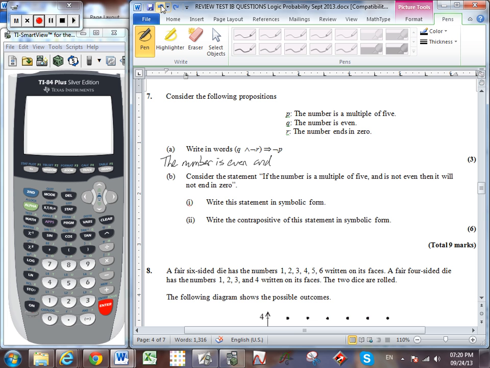Alright. The number is even and the number does not end in 0. And I have to stick an if now in front of this because I've got this arrow and it's pointing to, so then not P, the number is not a multiple of 5.